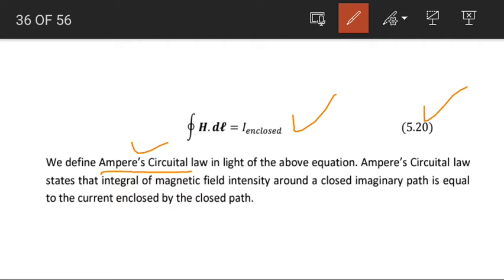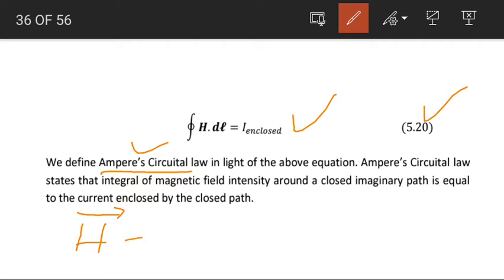We can consider a coaxial cable, and we can find out the magnetic field intensity at different locations of the coaxial cable with the help of this law. Similarly, we can consider an infinite sheet of current, and we can calculate the magnetic field intensity at any point due to the current in the infinite sheet.